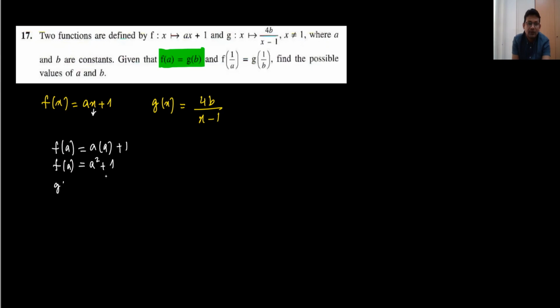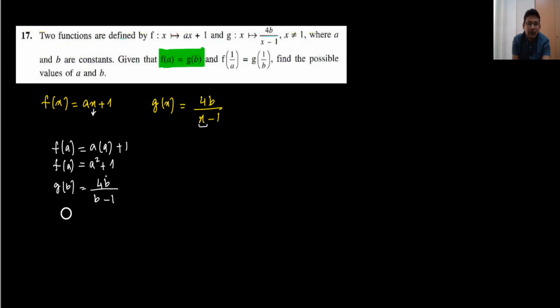I need g of b now. So g of b will be 4b upon, I will just put the value in place of x only, just here.